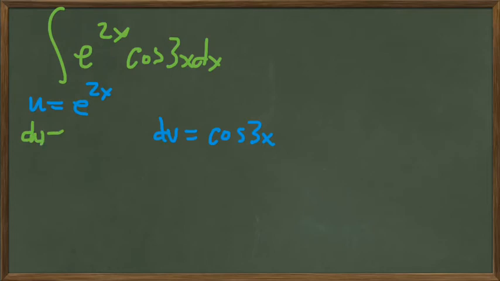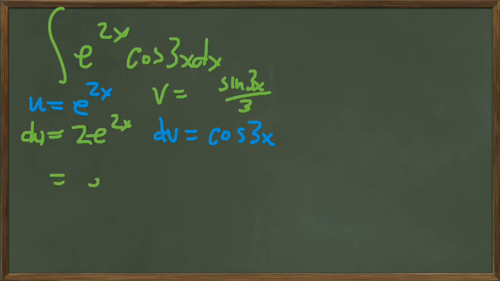So we're differentiating the exponential function, which is the function itself times the derivative of the power. The integral of the cosine function is the sine, and we divide by the derivative of 3x. So uv minus the integral v du is going to be e to the 2x sine 3x over 3 minus, and then it's v du.